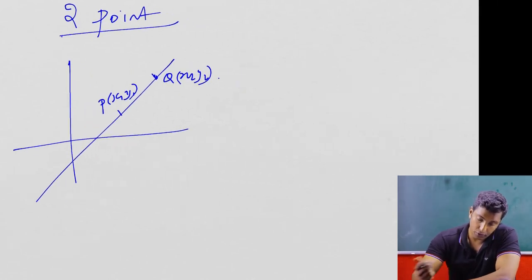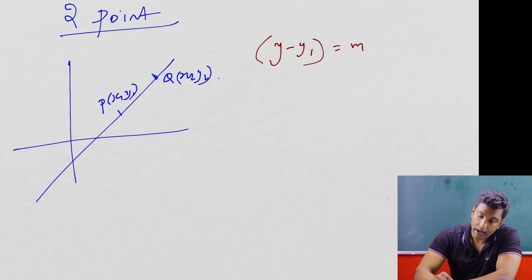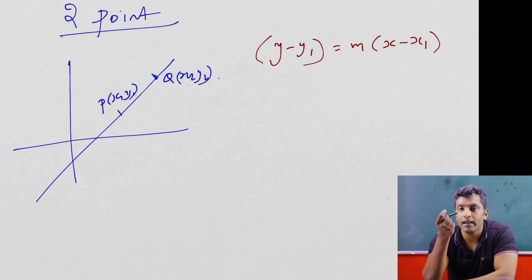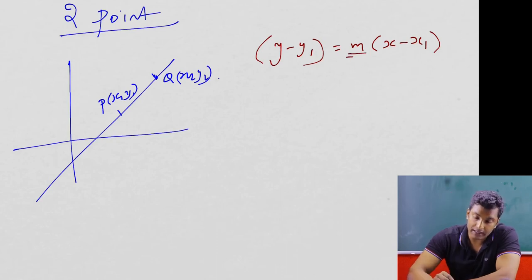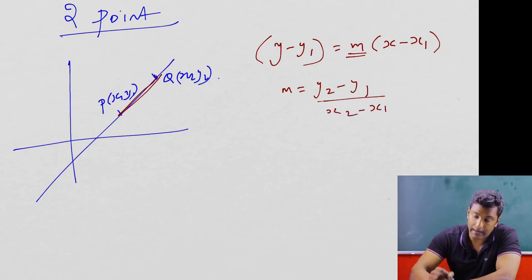You already understood y minus y1 is equal to m into x minus x1 is the equation of the straight line if 1 point and slope is given. Now here you know 2 points. Can you find the slope? That is the question. Once you know the 2 points, you can find the slope that we have already discussed. Slope m is equal to y2 minus y1 divided by x2 minus x1, and that's your slope.